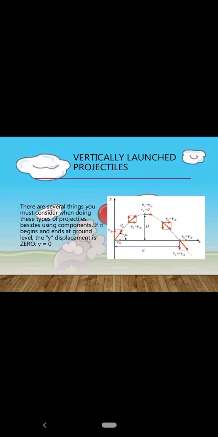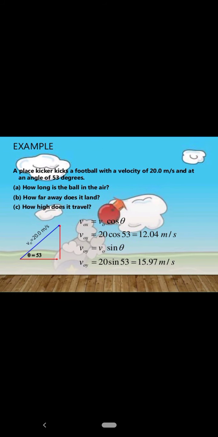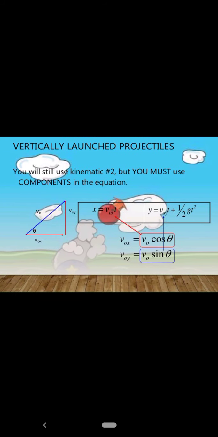If it begins and ends at ground level, then the y displacement is 0, so y equals 0. In this case, we can write the equations as x equals v0x t, and in place of v0x we write v0 cos theta, and the equation for y can be written as y equals v0y t plus half g t squared.